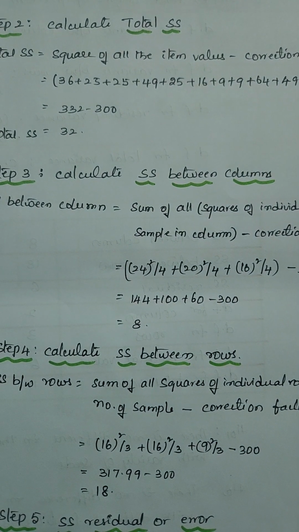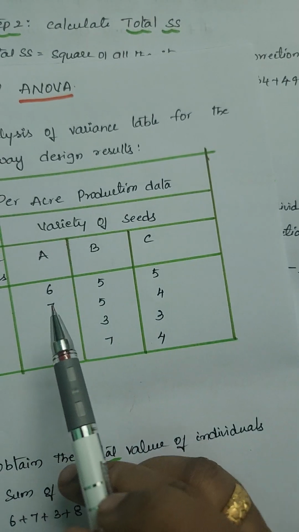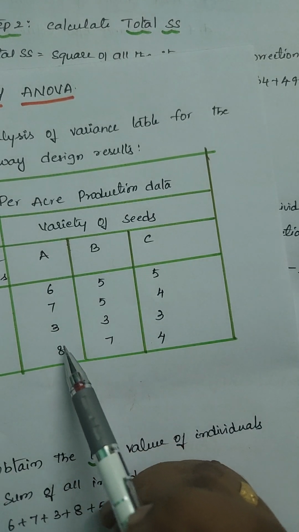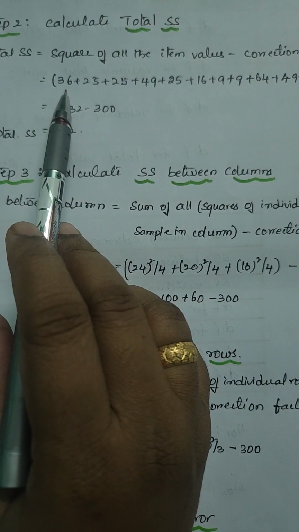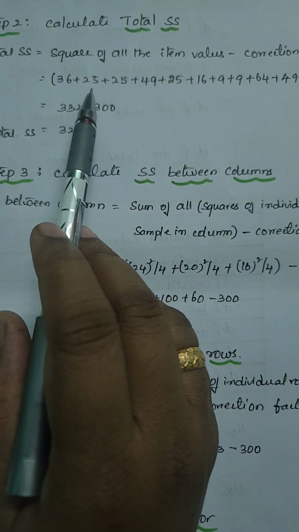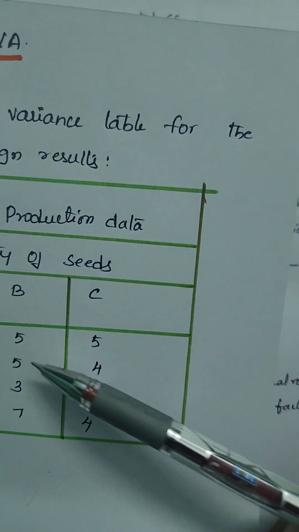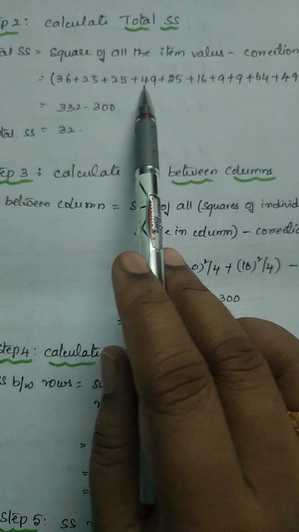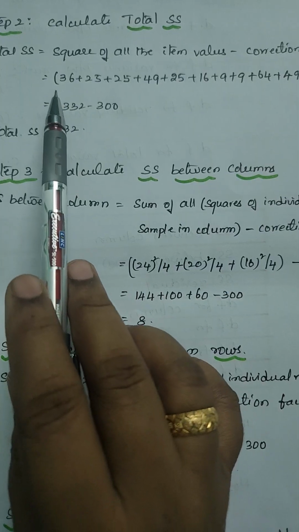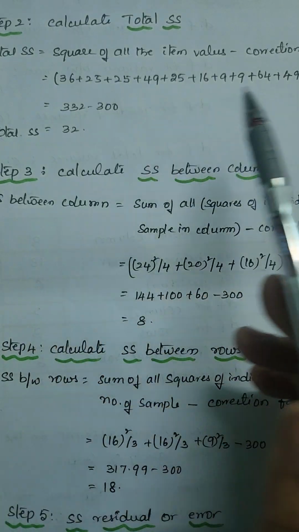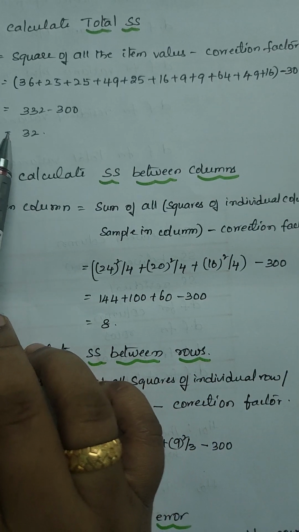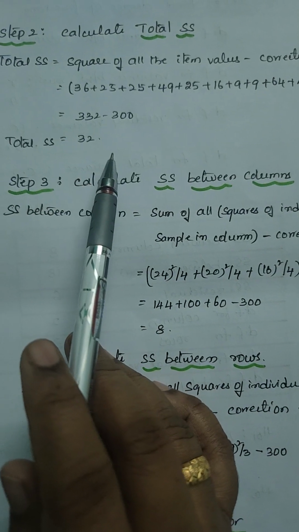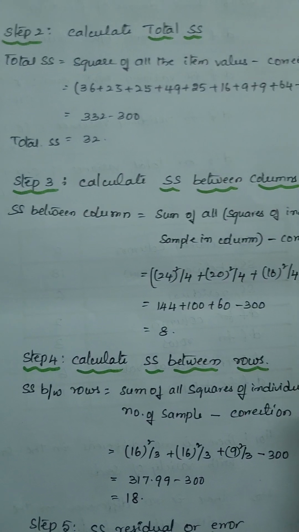So we square all the values: 6 square, 7 square, 3 square, 8 square, and so on. 6 square is 36, 5 square is 25, 5 square is 25, like that for all the values. The sum is 332, minus correction factor 300, so it is 32. Total SS is equal to 32.